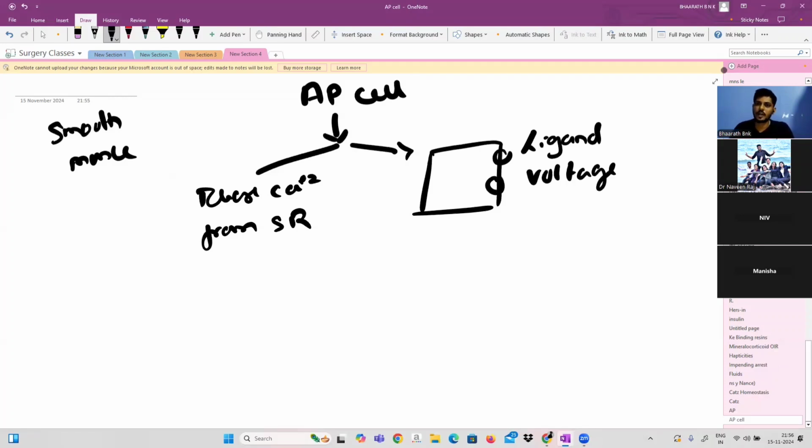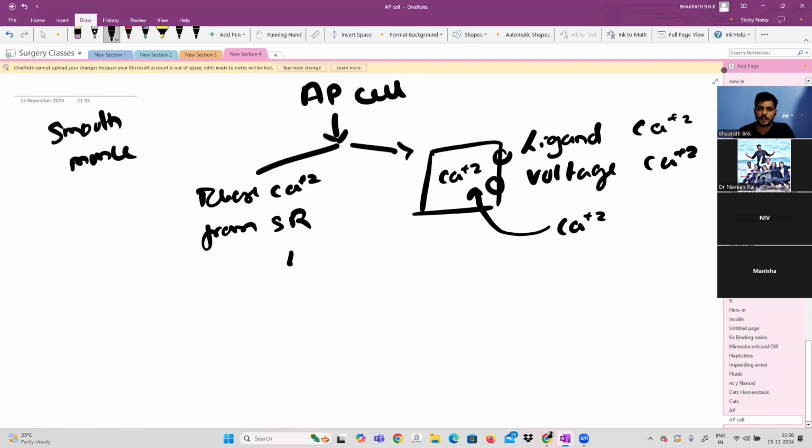So as happens with the skeletal muscle, the release from the sarcoplasmic reticulum also happens, but along with that, it will also activate the ligand-gated calcium channel and voltage-gated calcium channel. When these get activated, the calcium will enter inside. Right? So there is intracellular calcium release also, and there is influx of calcium from the ECF also.